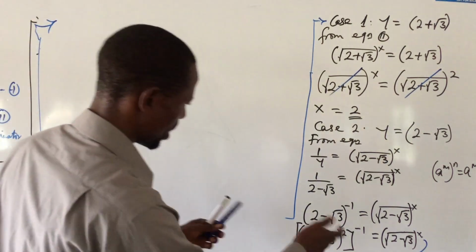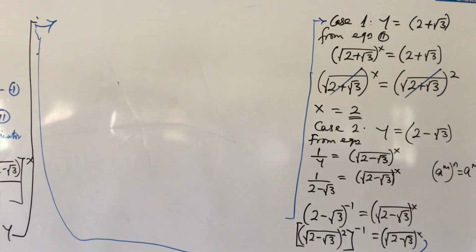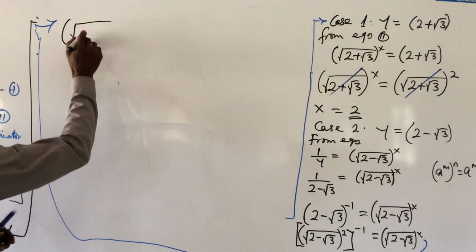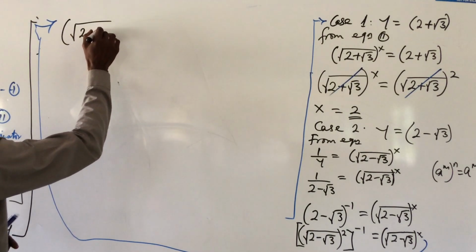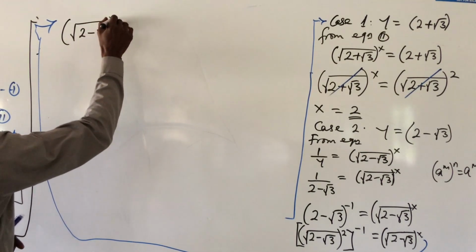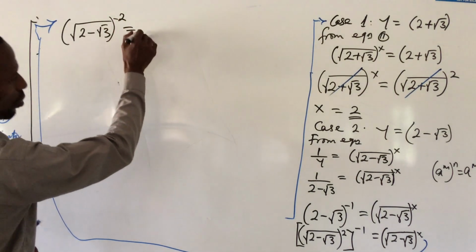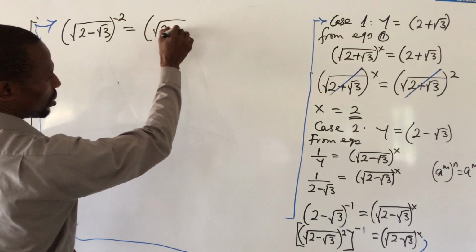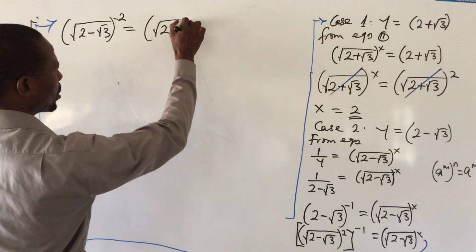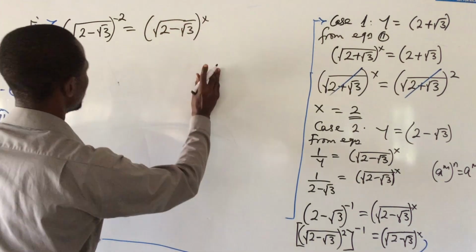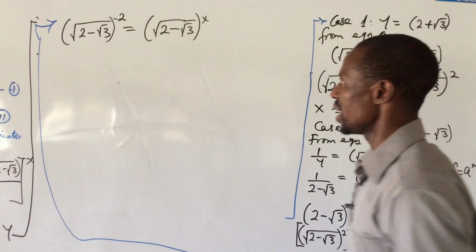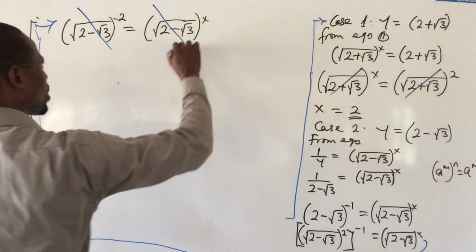Okay, so from here, this will now give us (√2 − √3)^(−2) equal to (√2 − √3)^x. What we have inside the two brackets, the content is the same, and so this will take care of this.